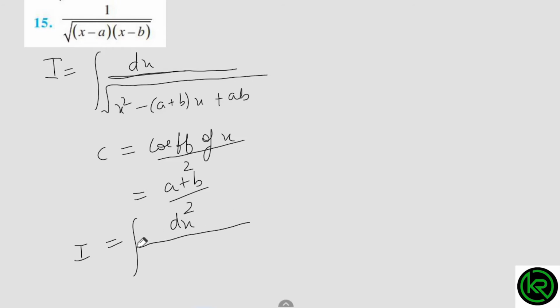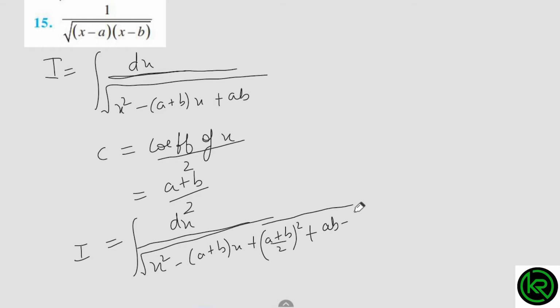So we are getting here x square minus (a plus b) x, we are adding this (a plus b by 2) whole square, and we have to subtract also (a plus b upon 2) whole square.